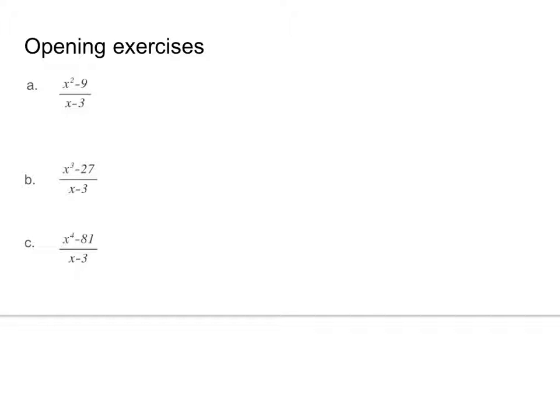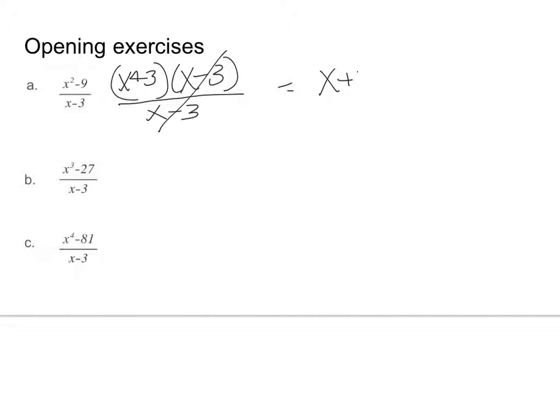On the top here, we have a difference of two squares, which works out to x plus 3 and x minus 3 over x minus 3. Okay, we know we can cancel, and we're left with x plus 3.